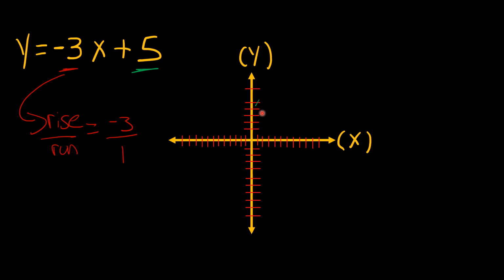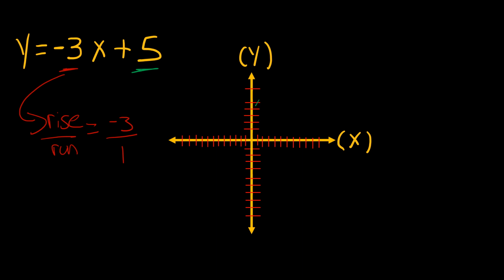So let's do it. We're going to go down 3, 1, 2, 3. And then we're going to go over 1. So it'd be right there. And then we have to continue the trend. We're going to go down 3.